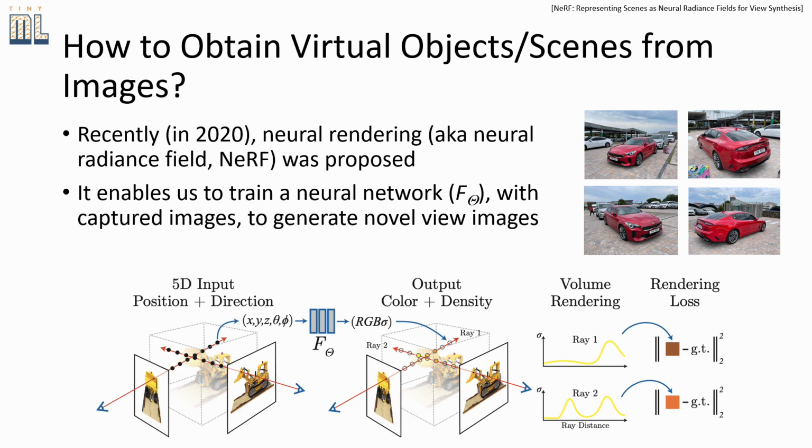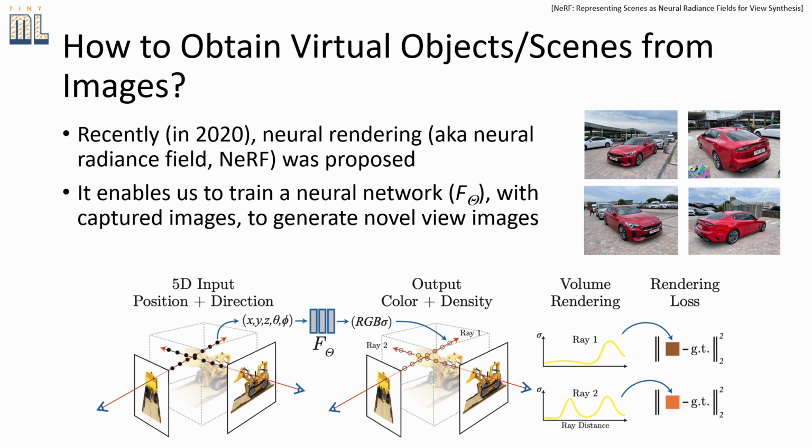This problem is a very old vision and computer graphics problem. But fortunately, recently, there's a very good solution called neural rendering or neural radiance field. It enables us to train a very small model with your captured images. And then you can render any image from any camera viewpoint.